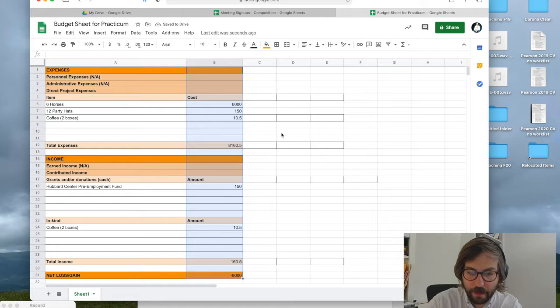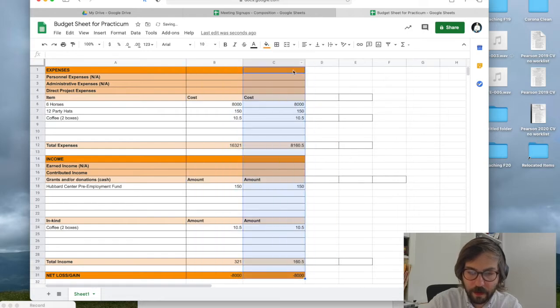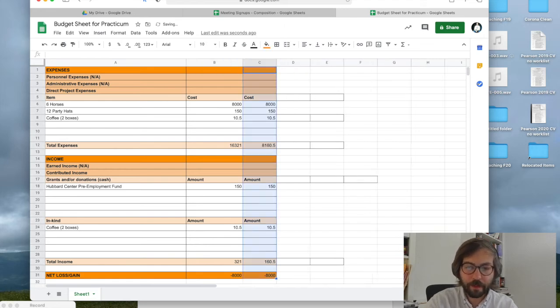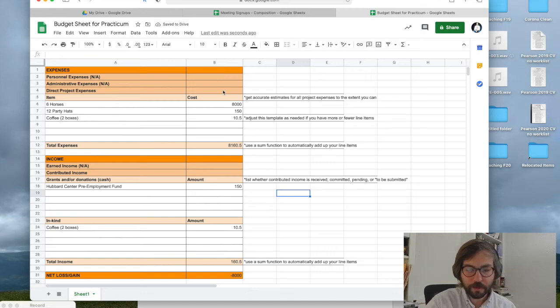You could copy this row and have a sort of expected or projected, whatever you like, versus actual, and keep side by side what you project as your costs initially and what actually happens. But on a proposal like this one, or in a grant application, you would just give them, of course, the projections.